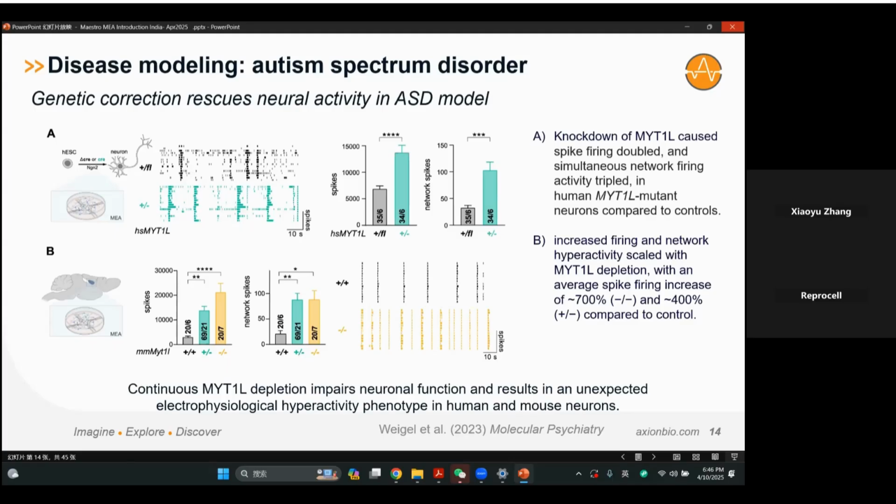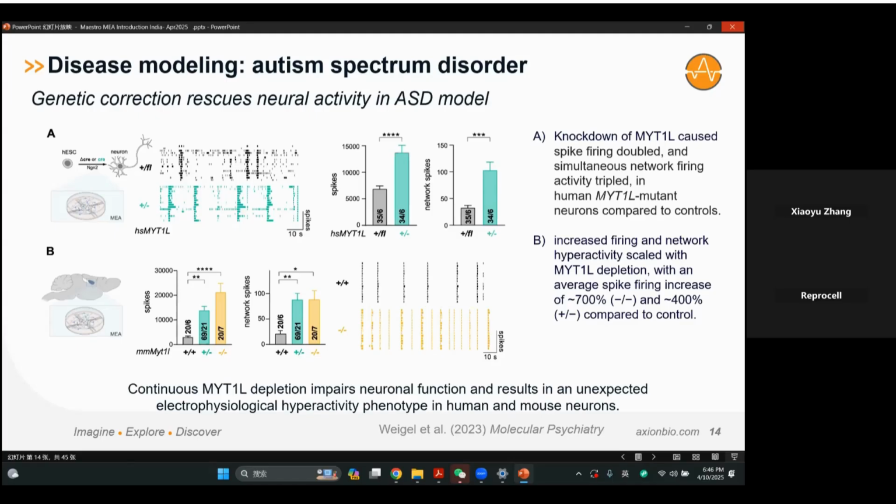In this study, the authors used genetic correction to rescue neural activity in an autism model. The data in figure A shows that 50% knockdown of MYT1L in human iPSC-derived neurons led to a doubling of spike firing and a tripling of simultaneous network firing activity compared to control.